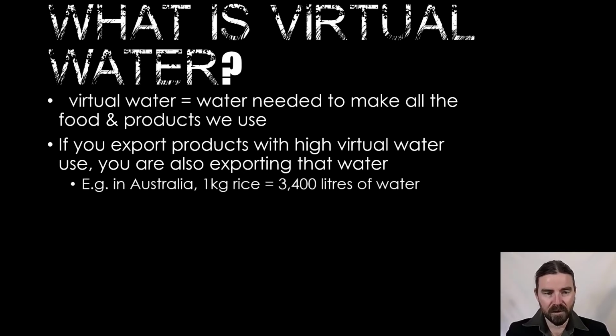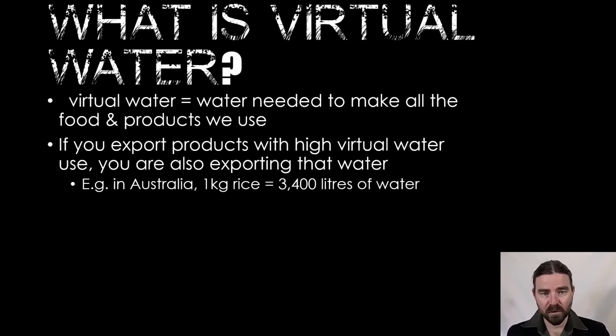And let me give you an example here. Australia, the driest inhabited continent, let's not forget, grows rice in the Murray-Darling Basin and exports some of that rice overseas. Now, to make 1 kilogram of rice requires 3,400 litres of water. That's 3.4 tonne of water, right? So that's 3,400 litres of water.